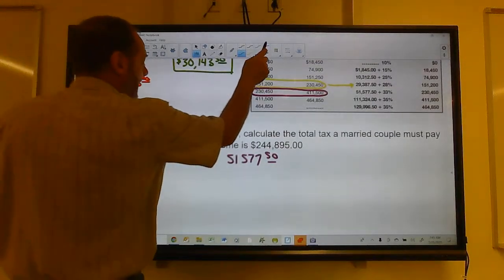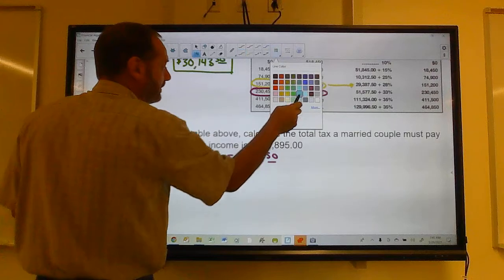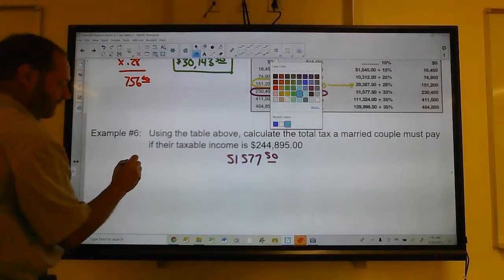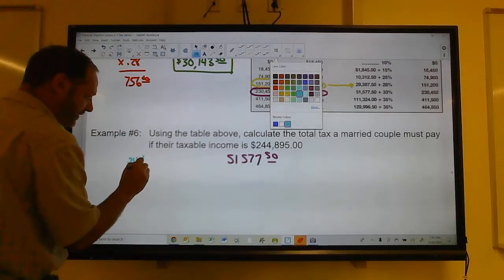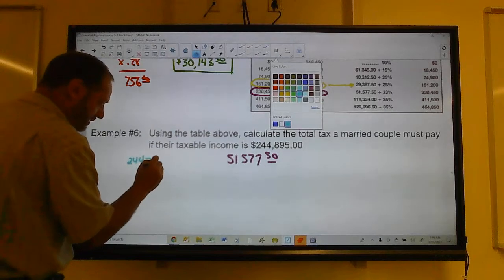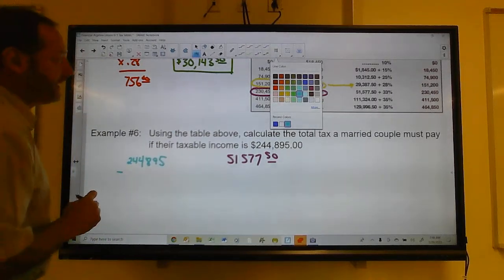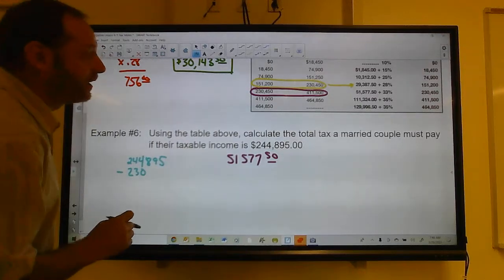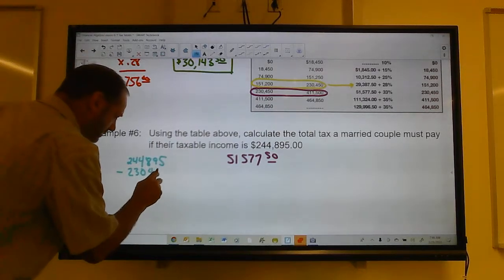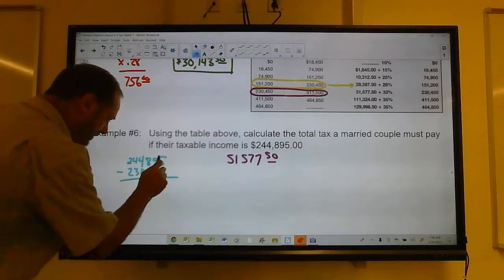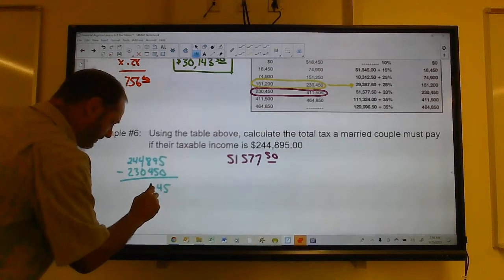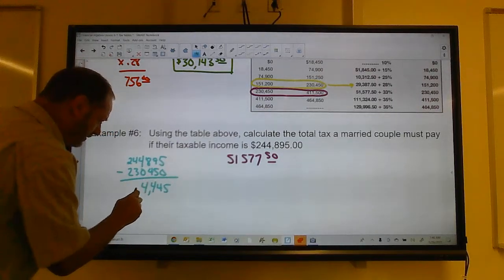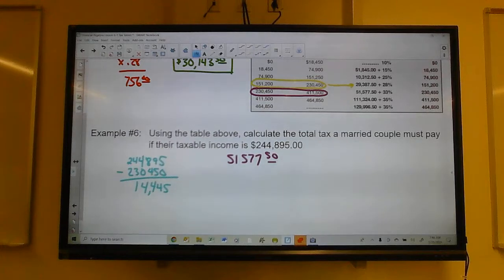So we're going to calculate that. All right, so that's going to be $244,895 minus $230,450. So that's going to be what? 14,445.